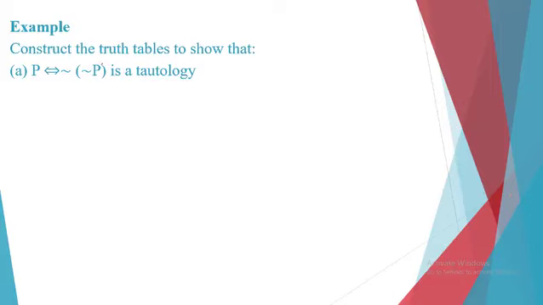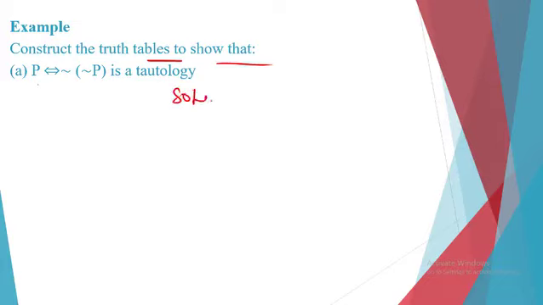Construct the truth table to show that P implies negation of negation P is a tautology. How do we achieve this?